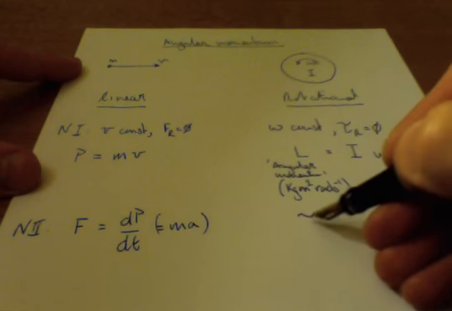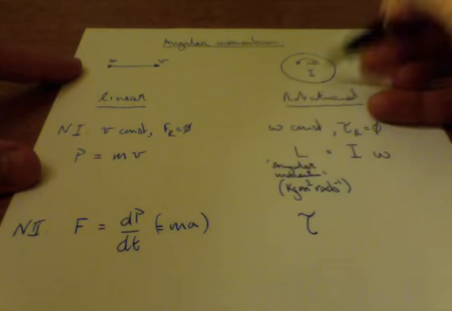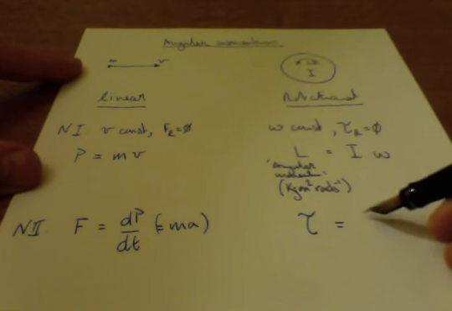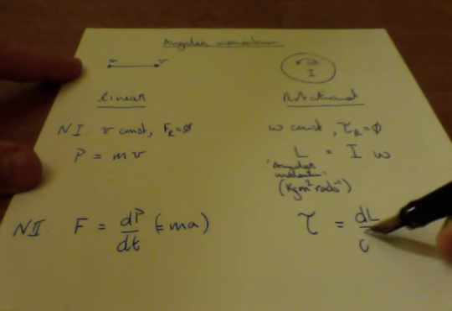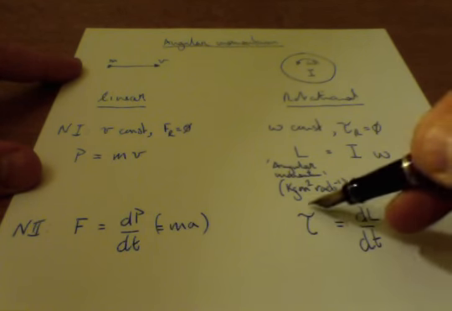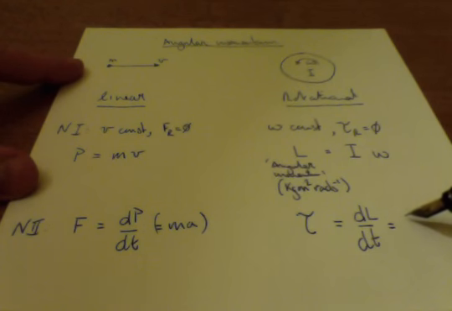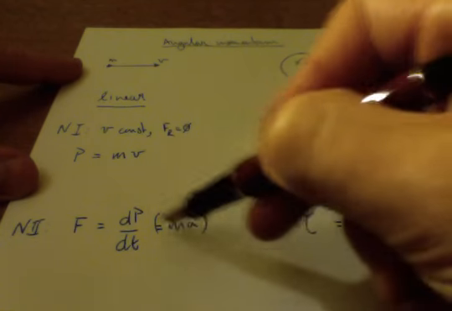And therefore, similarly, if a torque is exerted on this rotating object, then that will give rise to a change in its angular momentum with respect to time. Or you could say the rate of change of angular momentum with time is how much torque is being exerted. This, of course, gives rise to I d omega by dt, which is the same as I alpha, and that's where our expression torque equals I alpha comes from. Similarly here, F equals ma.